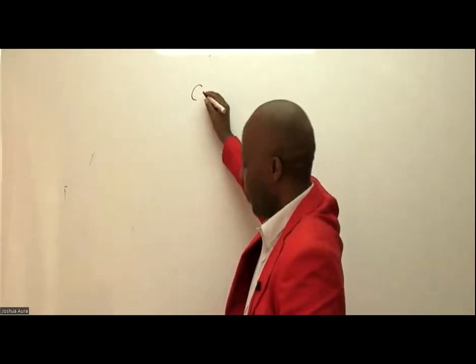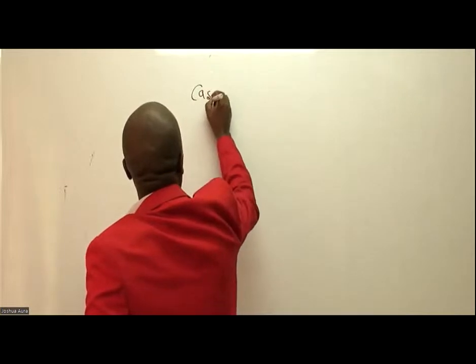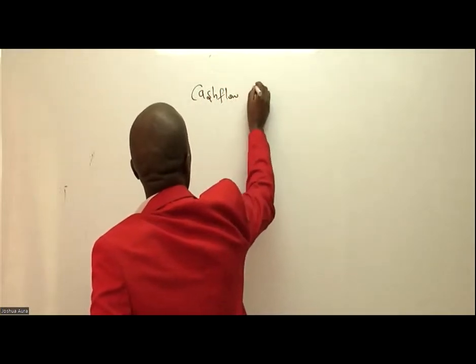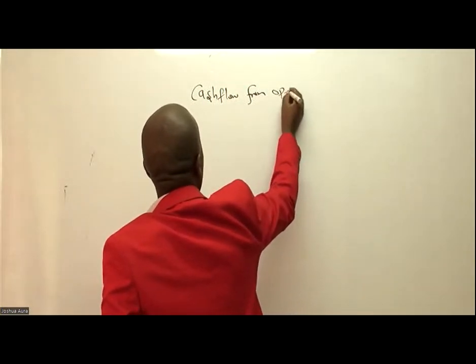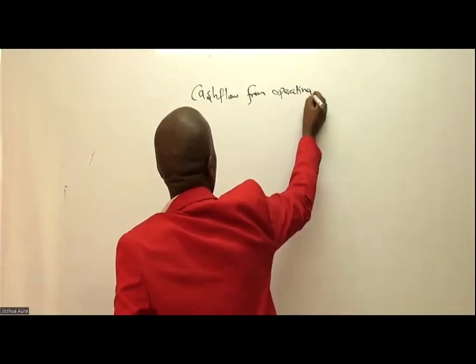So today, I would want us to look at the group cash flow statement, and because time may not be enough, specifically how to handle cash flow from operating activities.